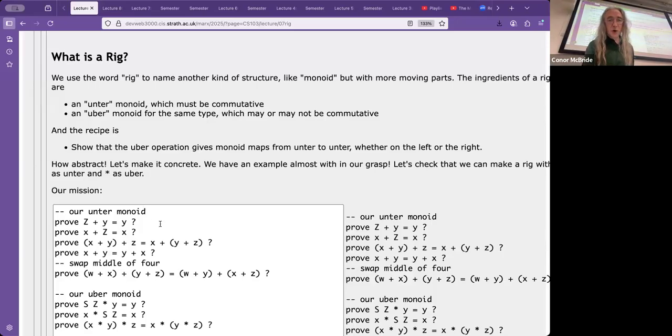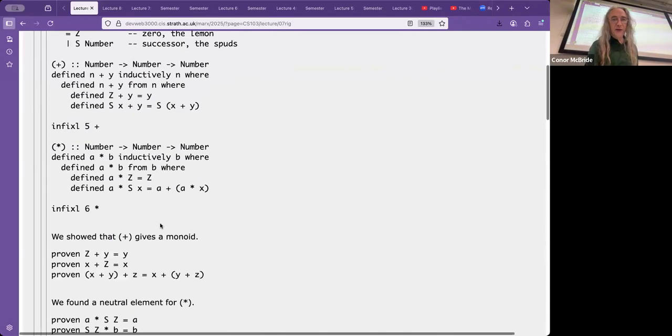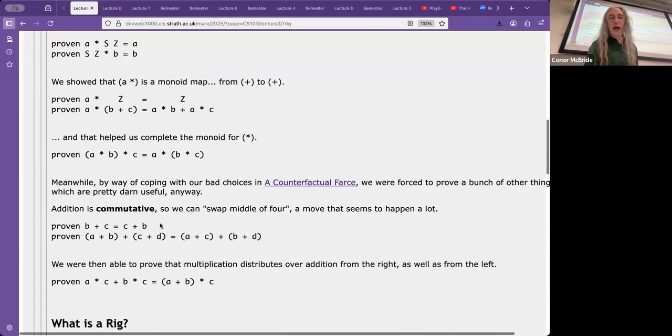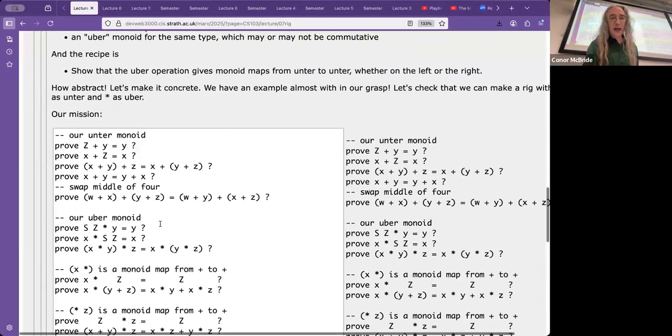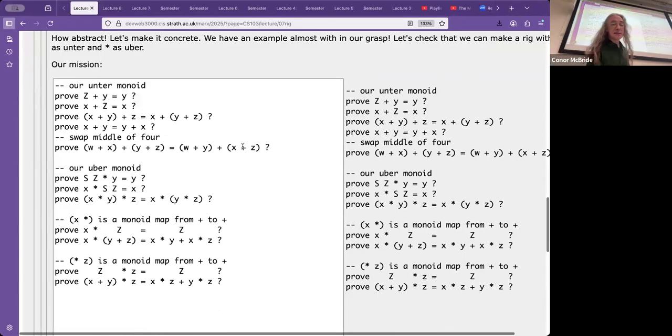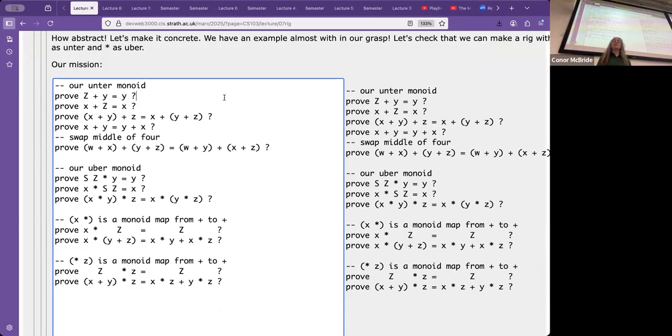Okay, so I've supplied an awful lot of library functionality, and now I've just collected in this box the things we have to show to make sure that plus and times give us a rig. So here, plus is going to be our untermonoid, and you can see I'm saying it's got a neutral element 0.